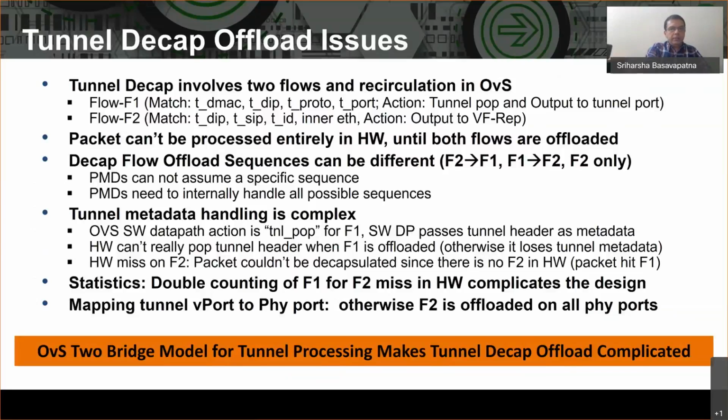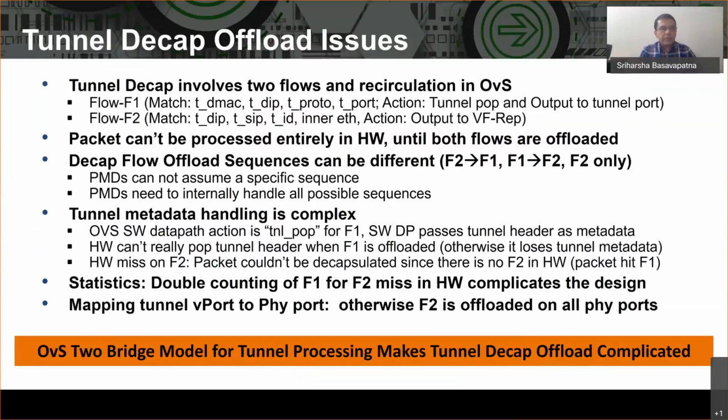Tunnel metadata handling is also a bit complex with the decap flow sequence. When the OvS software data path handles the outer flow, the action is tunnel pop. So the software data path passes the tunnel header as metadata to the next stage. But in the case of hardware offload, we can't really pop the tunnel header when F1 is offloaded, because otherwise you end up losing the metadata that you need for F2, the inner flow processing, since we match on some of the tunnel specific data when we match on F2.